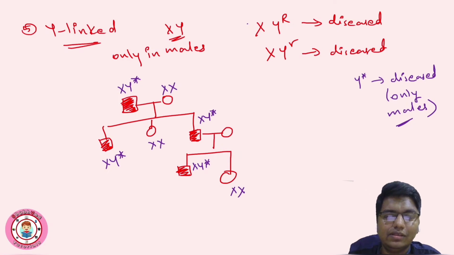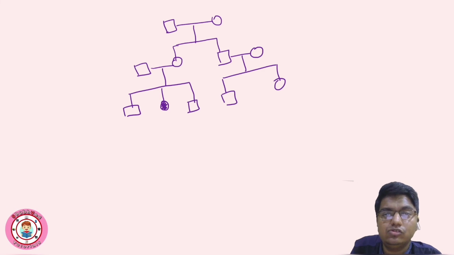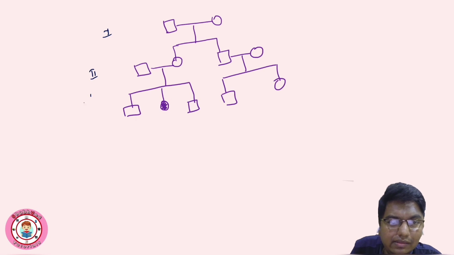Now some of the tips you have to remember to understand the pedigree. So I have drawn one pedigree here. See, in the first generation, this is second and this is third, right? In the first generation there is no disease, as well as no disease in the second generation.